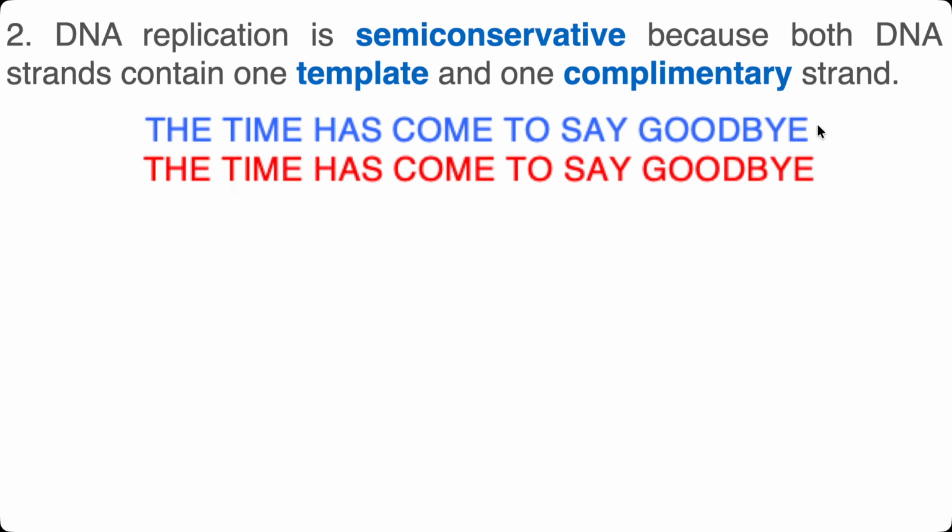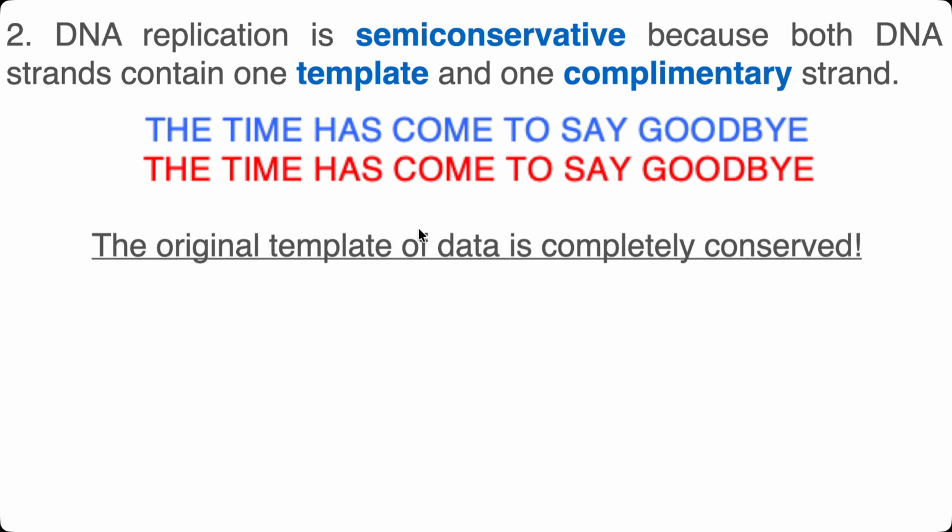This color and this color, if this was my original entire strand that I made a copy of here, and this was the complement completely, this would not be semi-conservative because it contains an entirely new strand and an original strand. So really when we say semi-conservative, what we mean is that this is the way that it looks.